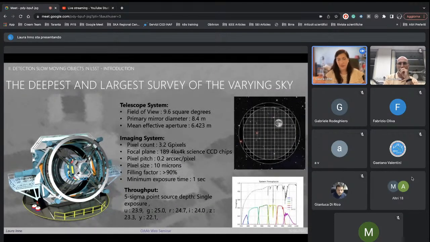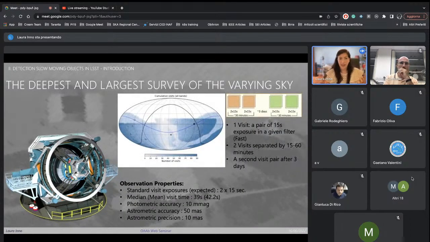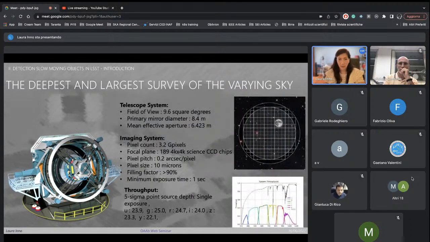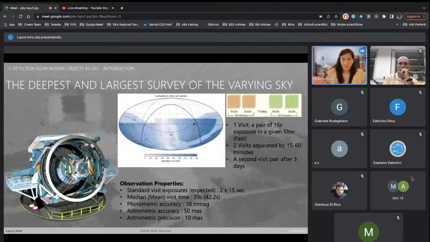It mounts an impressive array of CCDs, but it also has a very good spatial resolution with the 0.2 arcsecond per pixel scale. And it will basically survey the entire southern sky every 3 minutes in multiple bands, down to a magnitude of 25 in the R band, reaching photometric and astrometric accuracy that are unprecedented, basically.